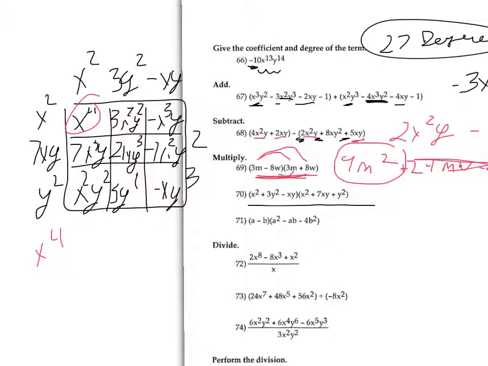It looks like we have a 3x squared y squared there. There's an x squared y squared there as well. So it gives us 4x squared y squared. So here we have negative x cubed y and 7x cubed y. That's going to be 6x cubed y.